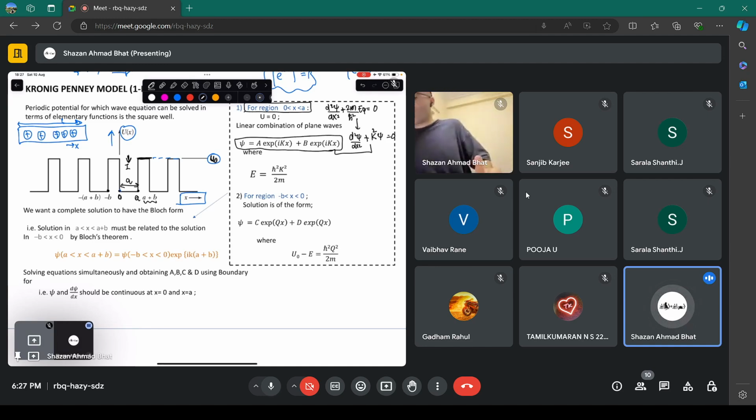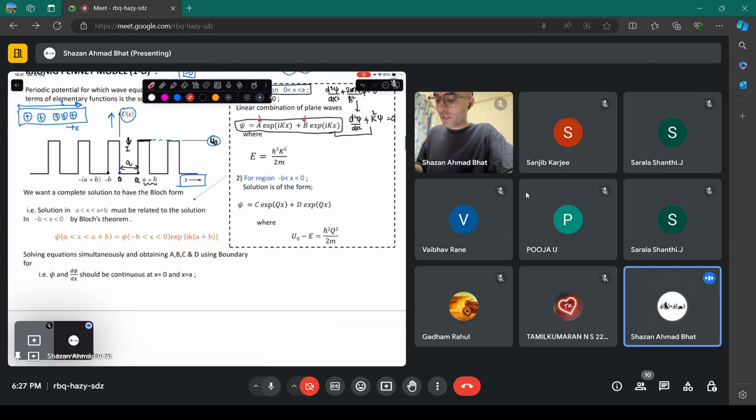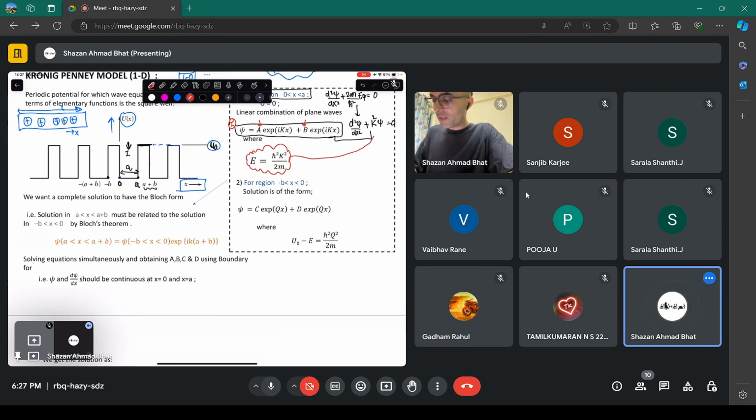You know how to solve this particular differential equation. You have been doing it for a couple of weeks now. It's a simple differential equation which has a plane wave solution. Now the unknowns are a and b here. Let's leave them aside for a minute. The wave function in this region 1 is given by this, where the energy E is h bar square k square by 2m, which comes directly from k square being 2m E over h bar square.